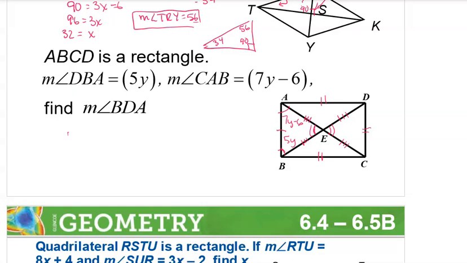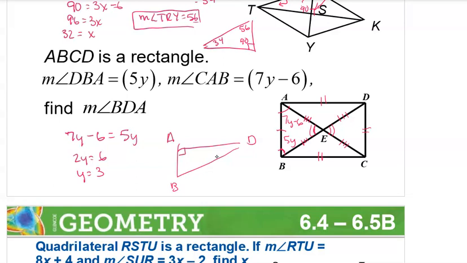So I know that 7y minus 6 equals 5y. So I know that 2y equals 6. I know that y equals 3. So if I want to find the measure of angle BDA, if I look at just triangle BDA, I know that this is 90 degrees.